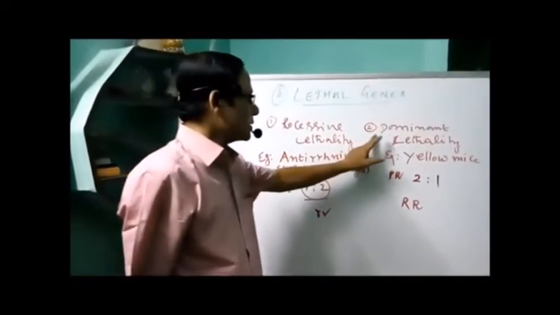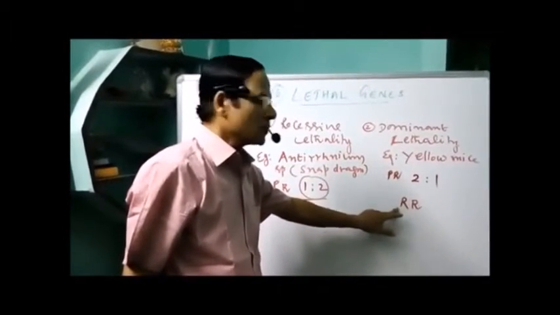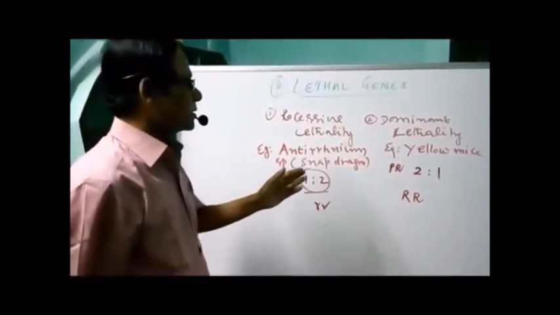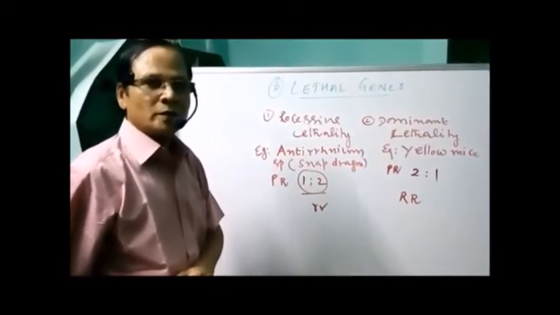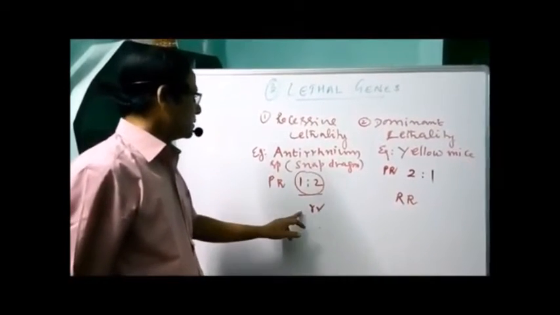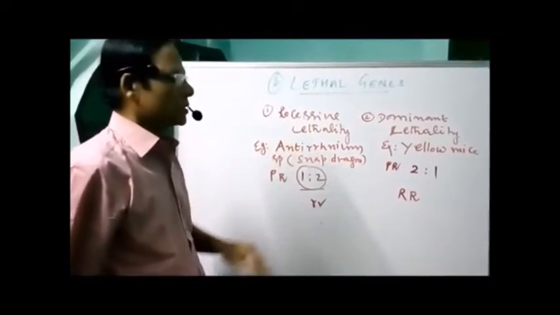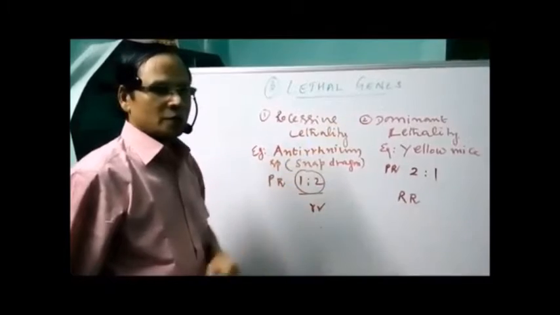In dominant lethality, the genes in dominant homozygous condition cause the death of the organism. So this is called recessive lethality and dominant lethality.